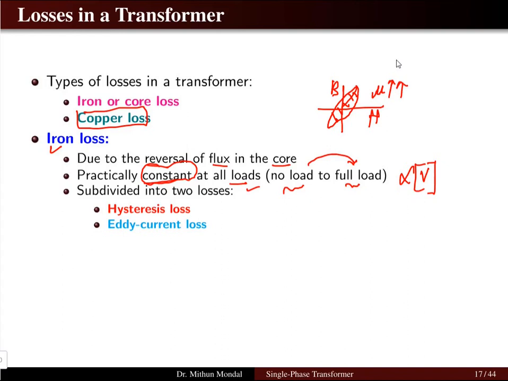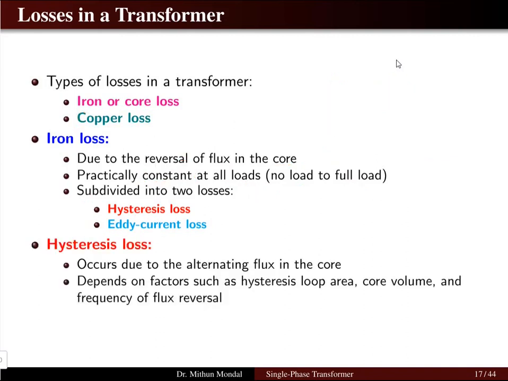Again, this iron loss is divided into two categories. One is the hysteresis loss and second is the eddy current loss. Hysteresis loss occurs due to the alternating flux in the core. In the previous lecture, we have seen that the flux is basically a function of time t.